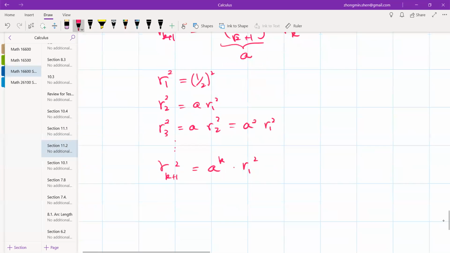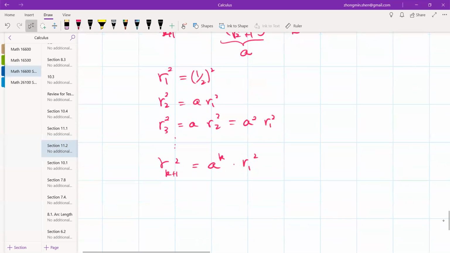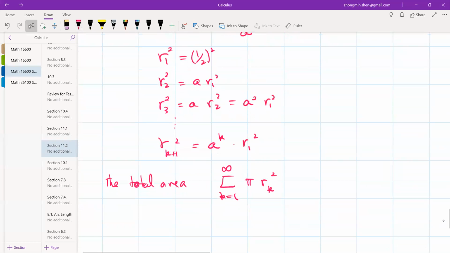So now the sum of the whole area, the total area, is going to be sigma, K starting from 1, of pi R_K square, okay? And add them together, take a limit.